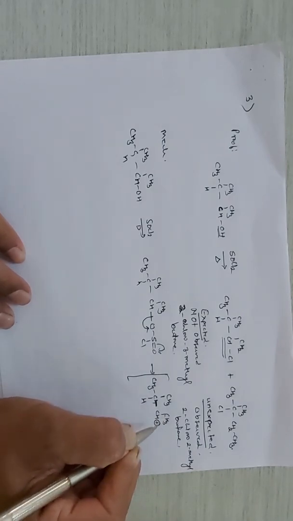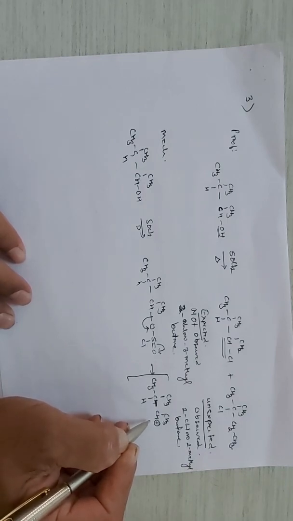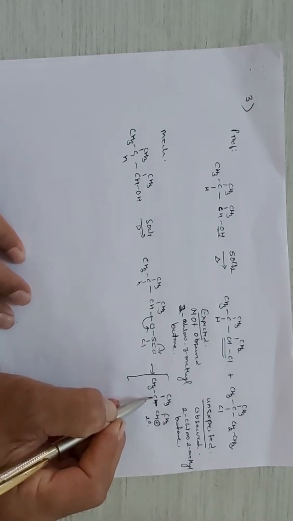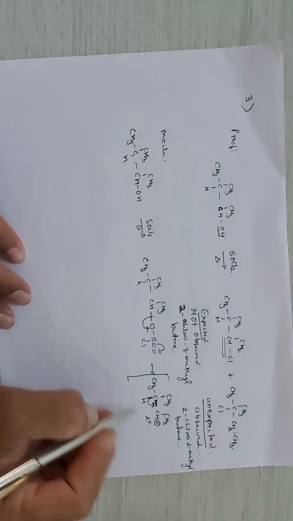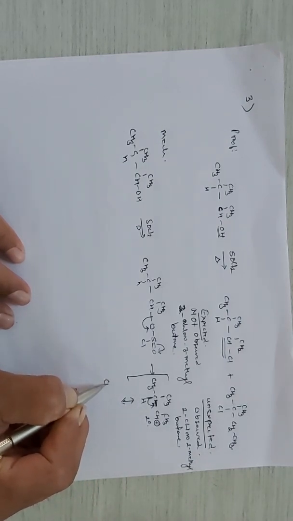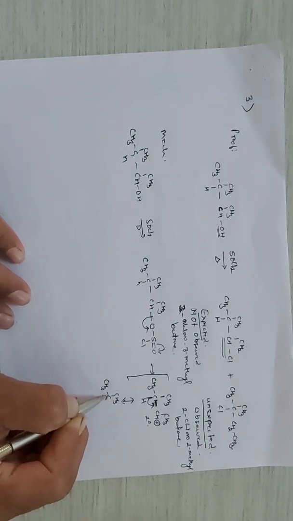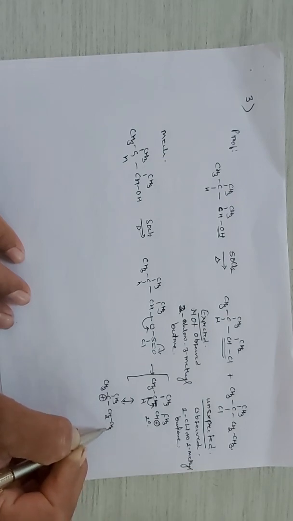Here this is the positive charge. Now here this carbocation which is obtained is secondary in nature. This is secondary carbocation. But as the methyl shift will take place, it will get converted into tertiary carbocation.